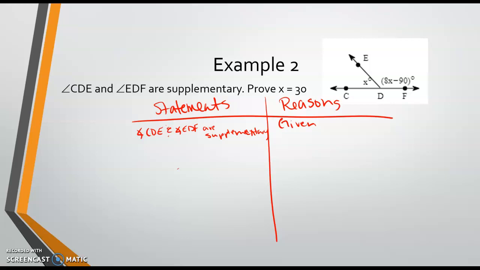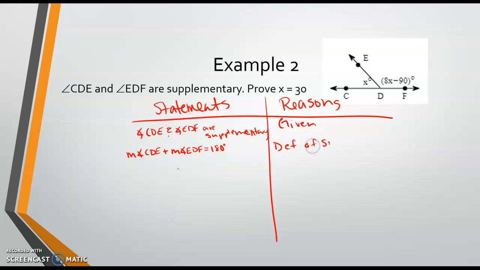I'm just looking at what is given to me, and what is given to me is that CDE and EDF are supplementary. So that means the measure of angle CDE plus the measure of angle EDF equals 180 degrees, because that's the definition of supplementary.